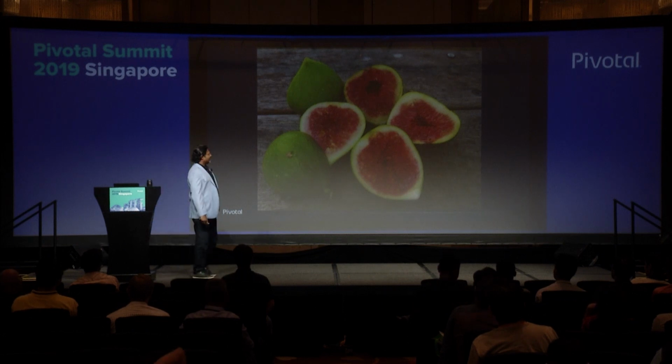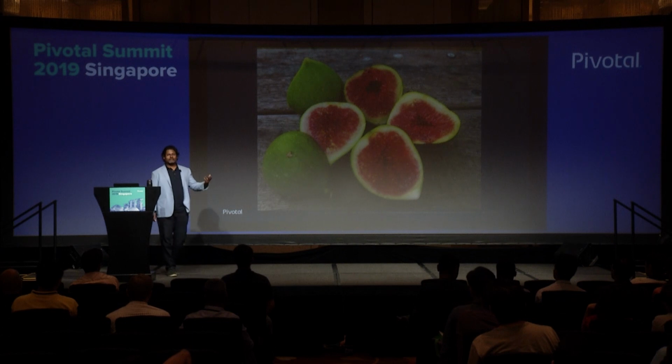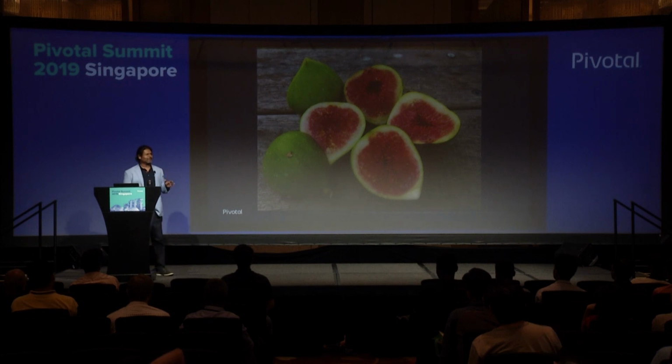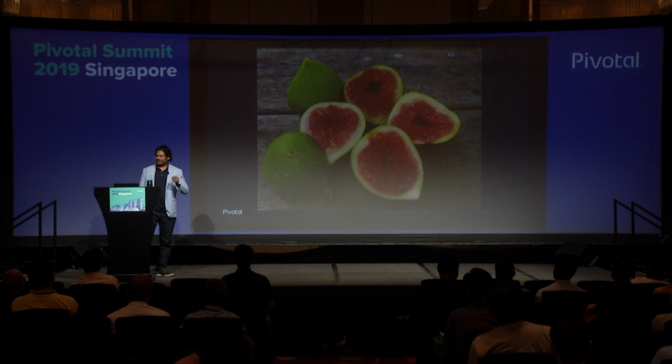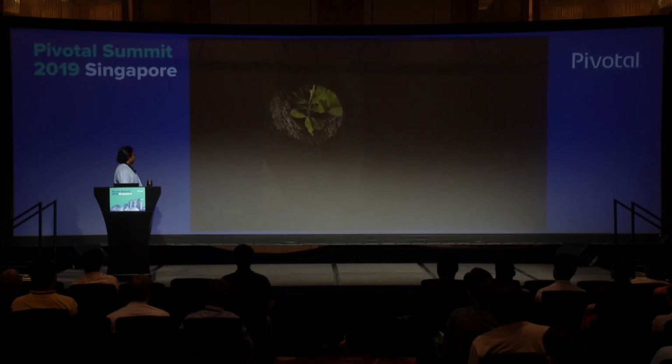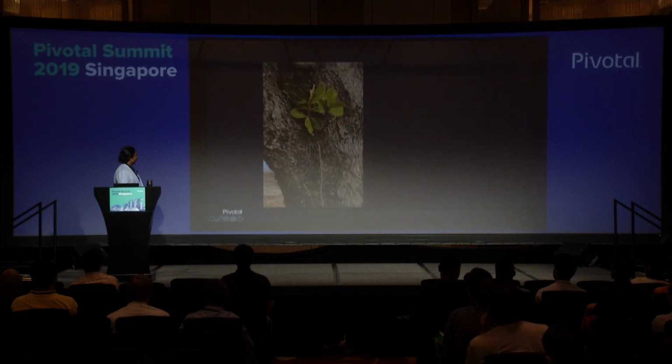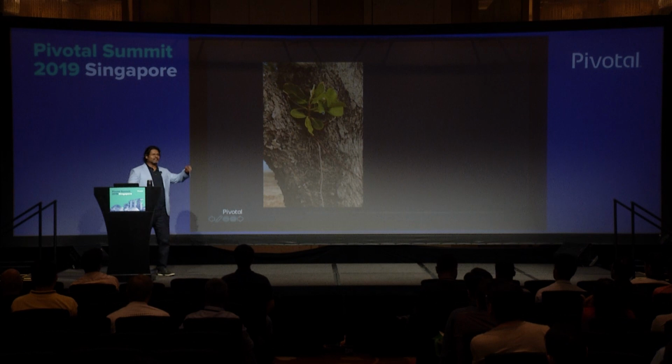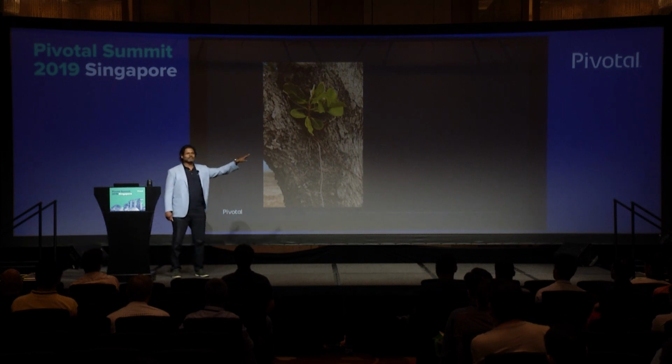Familiar fruit, hopefully, to folks. This is the fig. You might be more familiar with the dried version of it. It is an interesting peculiarity in the plant kingdom, with an interesting life cycle, especially the tree that bears this fruit. It starts off as a little sapling on top of a host tree whenever an animal drops a fig seed there.